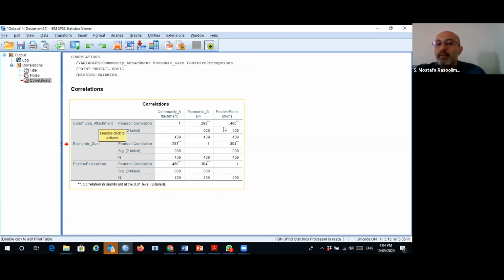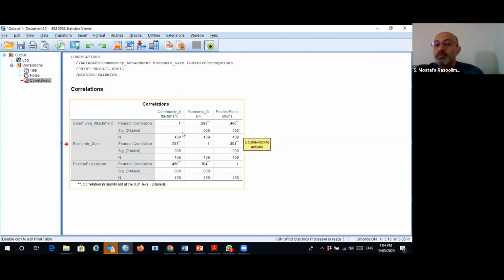So this is the size of correlation. What's the correlation between economic gain and community attachment? 0.293, right? And the correlation between community attachment and positive perception, 0.460. Both are significant.